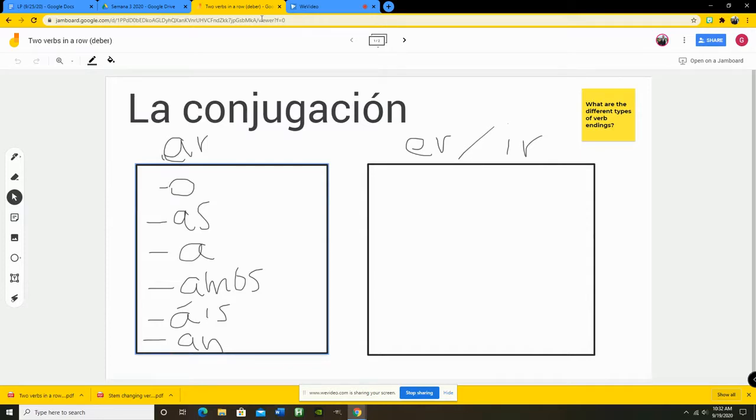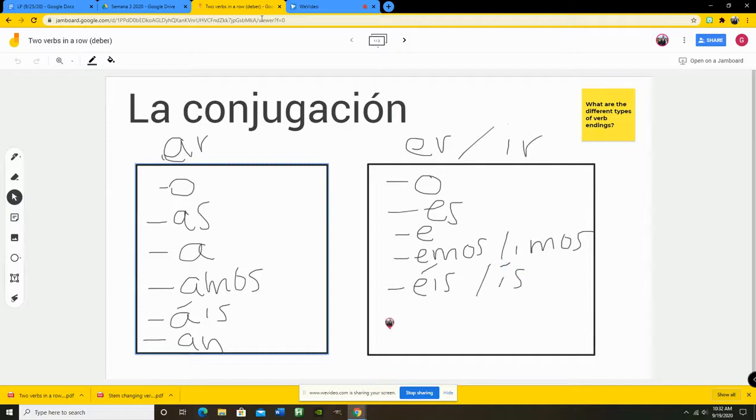For ER and IR verbs, they are very, very similar, but so I put them in their own category. The endings would be o, es, e, emos, and imos, depending on if it is an ER or IR verb. Or we're going to say es/is, and then en.